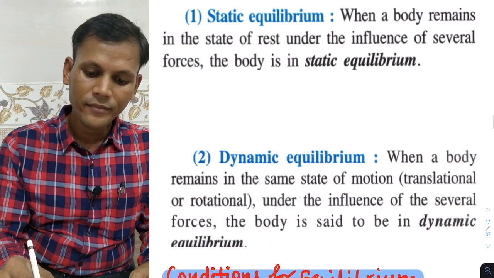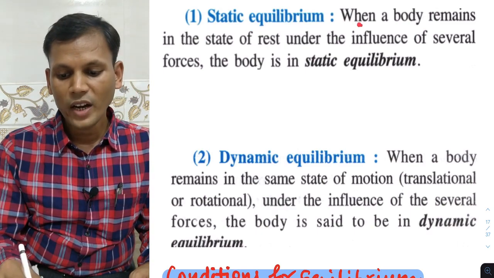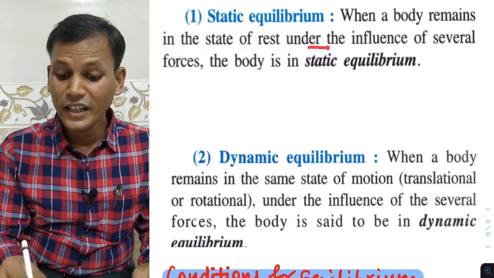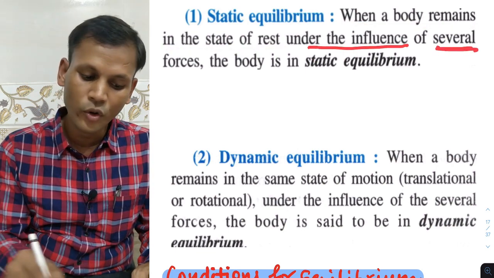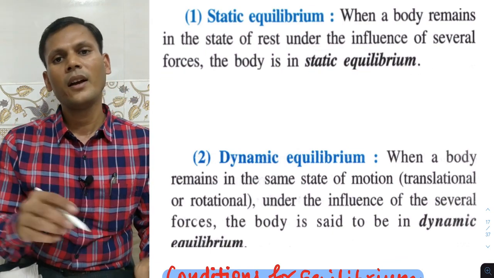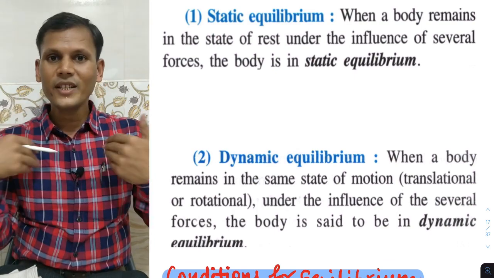Static equilibrium. What is static equilibrium? When a body remains in the state of rest under the influence of several forces, the body is in static equilibrium. As I said, I am seated over here. A number of forces are acting on me.